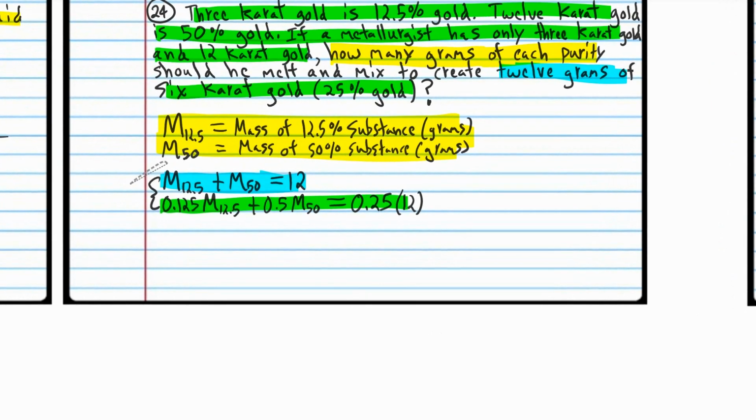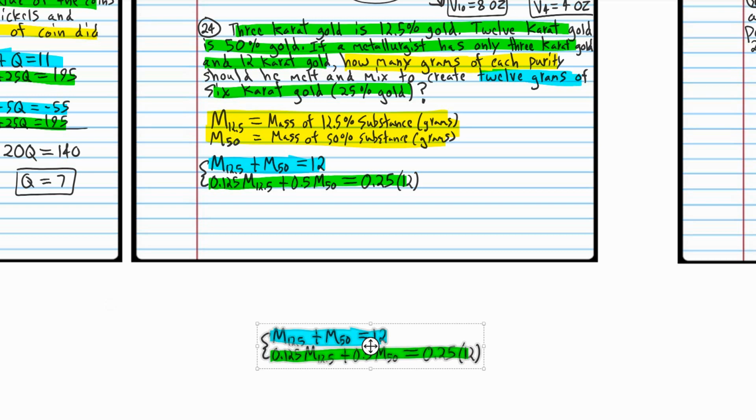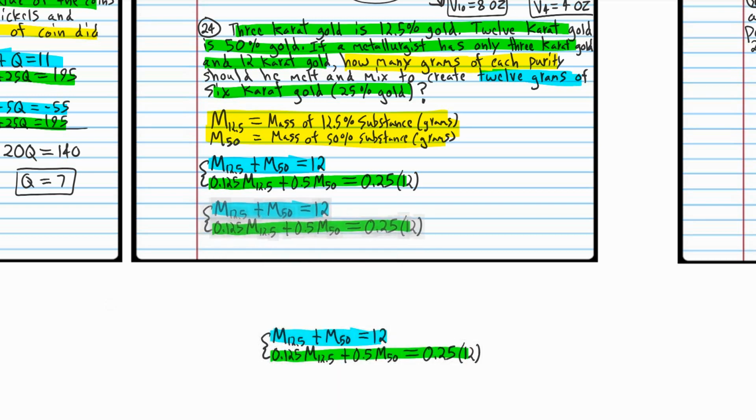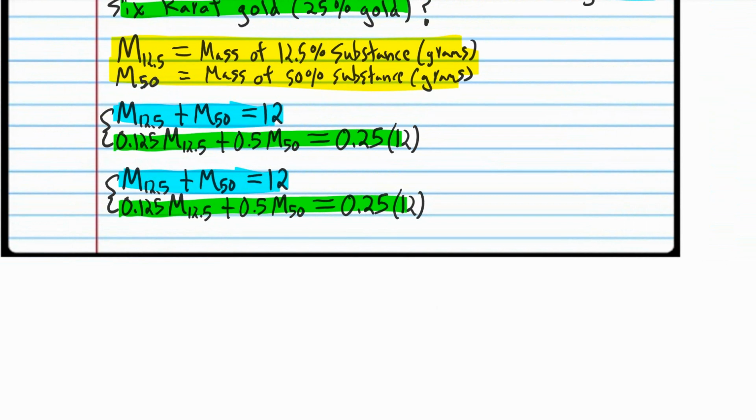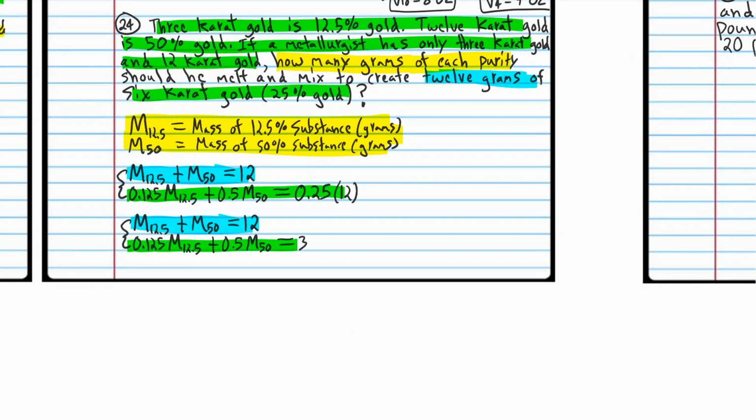So, as in the previous problem, I'm just going to rewrite this equation and simplify and find 25% of 12. 25% of 12 would just be 3. So that was easy. Now I'm out of room, so I'm going to do an arrow to go up here.